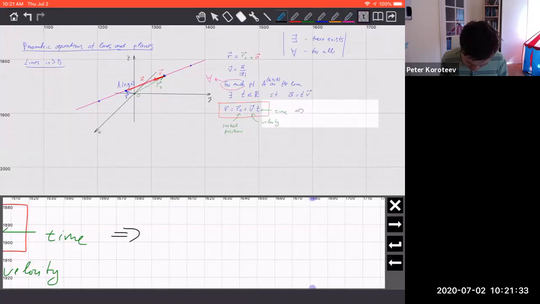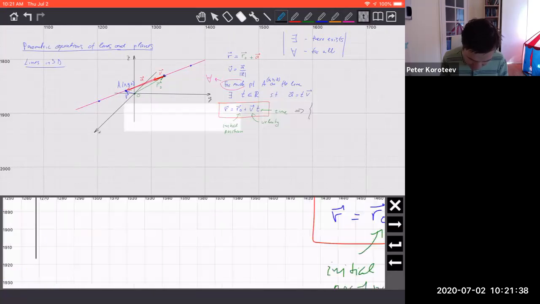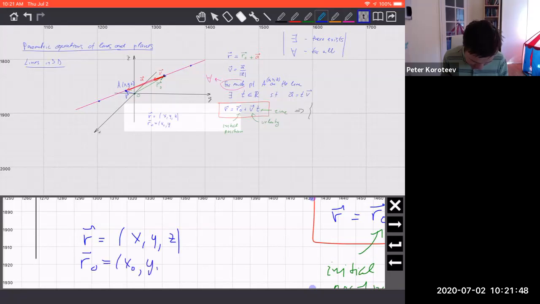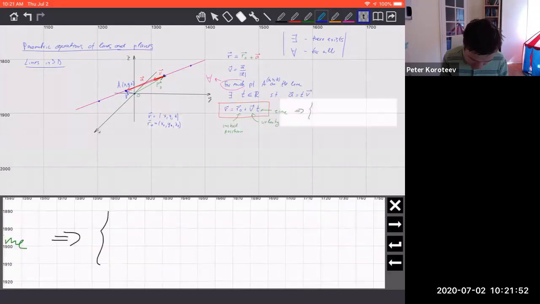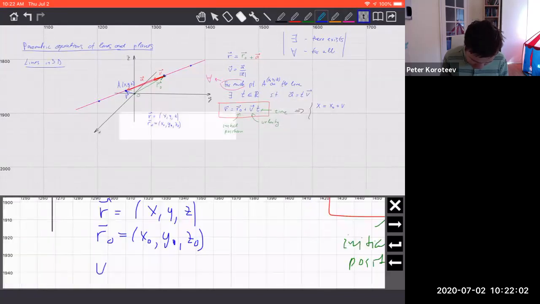So now, since the radius vector R has components X, Y, and Z, and R0 has components X0, Y0, Z0, and same with V, we can write it like this. X is equal to X0 plus Vx times T, and so on with Vx, Vy, Vz.